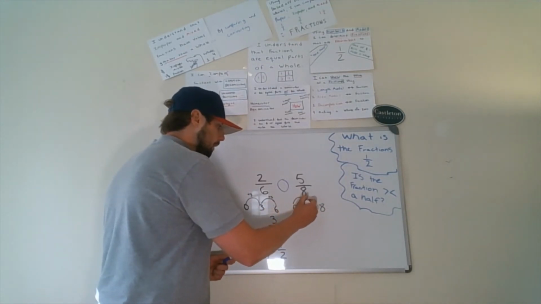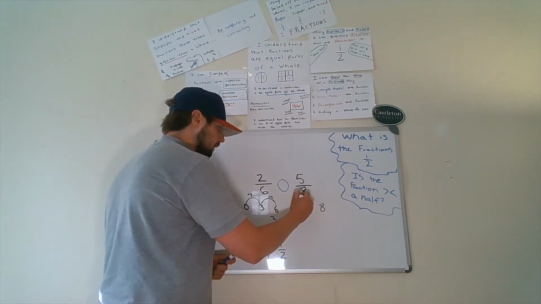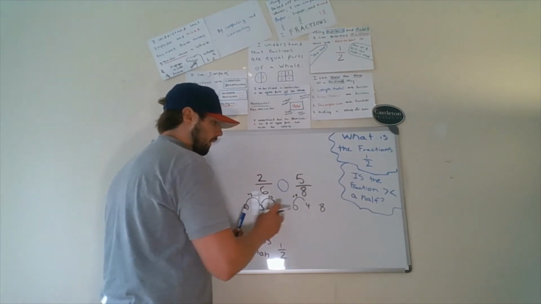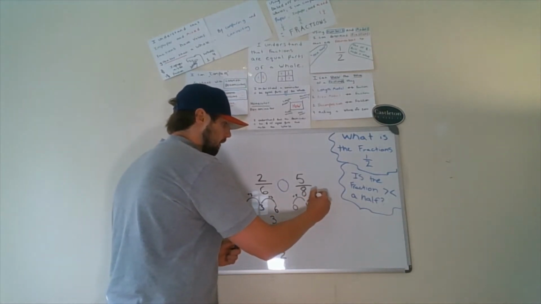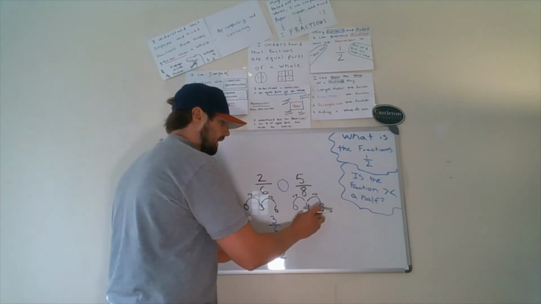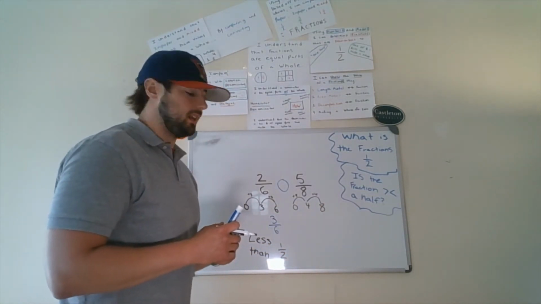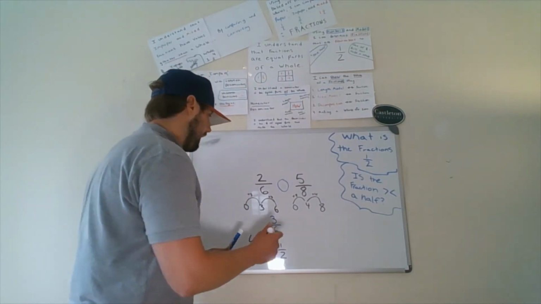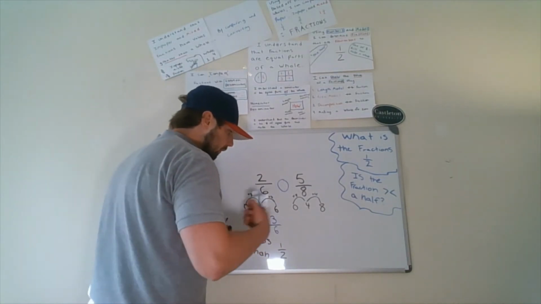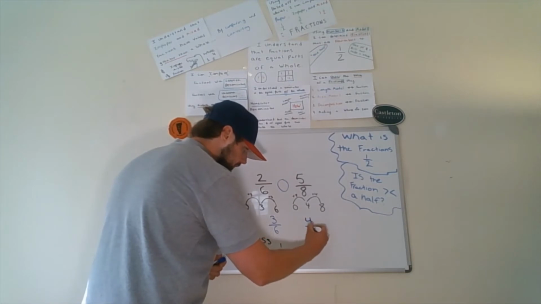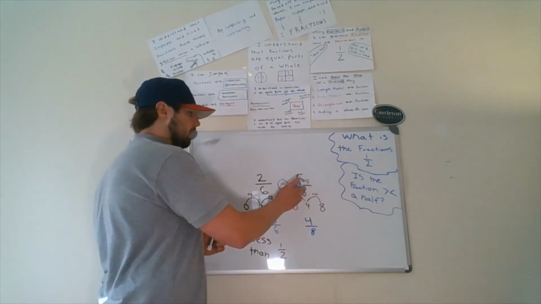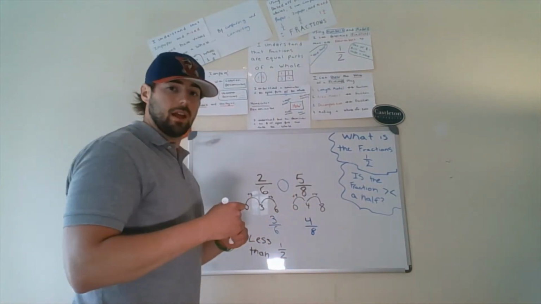There are 4 parts between 0 and 4, and there are 4 parts between 4 and 8. 4 is the exact middle. It is the exact half of 8. 4/8 would be the half of 8.